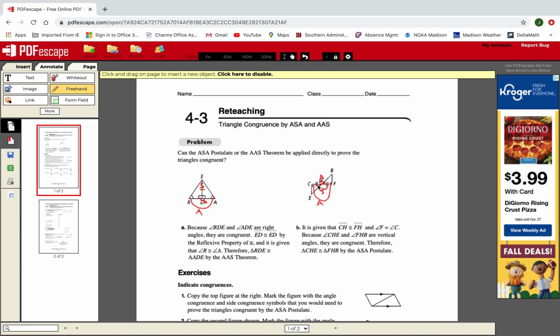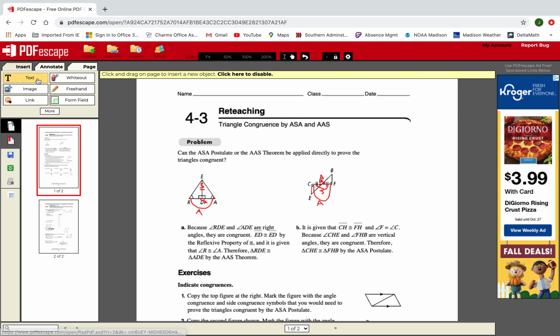Notice that this side that is marked congruent is between the angles. It is the included side. Whereas over here, the side marked in the first example is not between the angles. So it is not an included side, which is why you have to use AAS instead of ASA. I hope that makes sense.